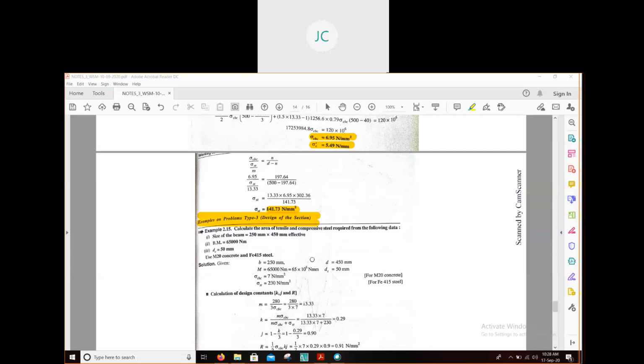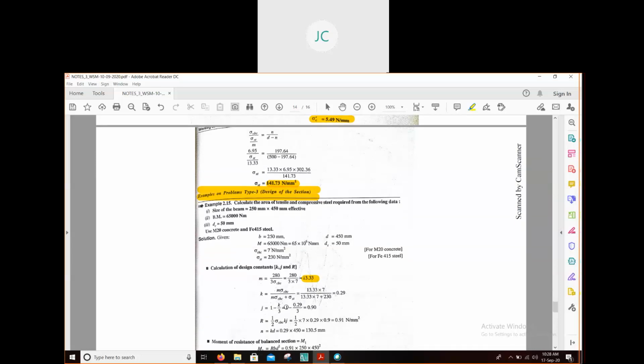We know that m equal to 280 divided by 3 sigma CBC. So we have got the value 13.33. Then from the value of m, you can find out the value of K. K is m sigma CBC, this formula is for K. You put all the values, you will get the value of K. From the value of K, we know that J equal to 1 minus K by 3.